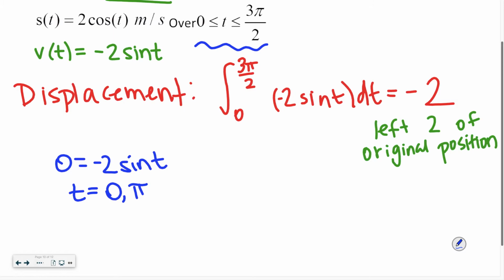Colby, we're finding where the velocity equals 0, so we can figure out where the velocity is positive versus negative. Oh, okay. I thought you said for displacement. For distance. Okay, we're done with displacement.